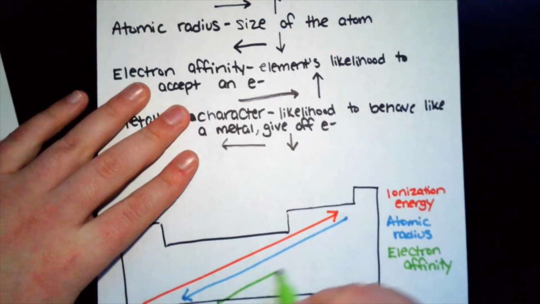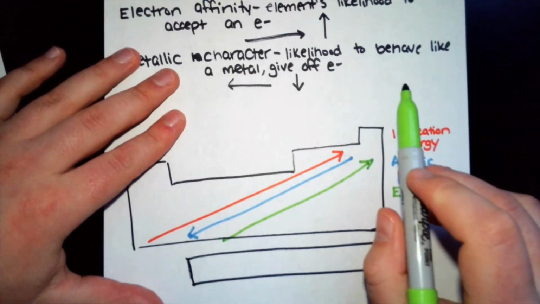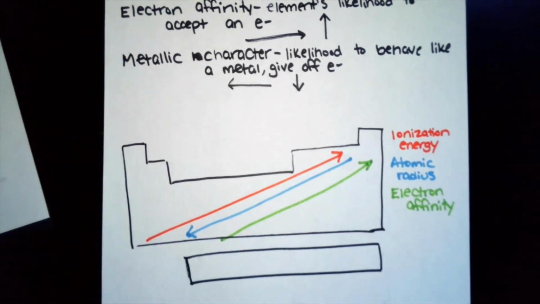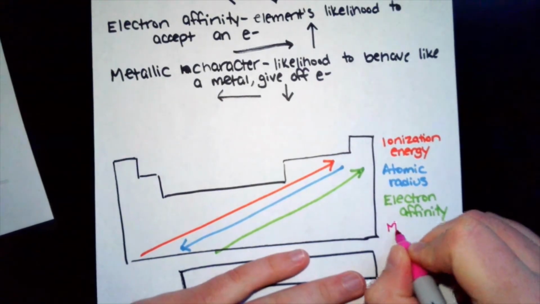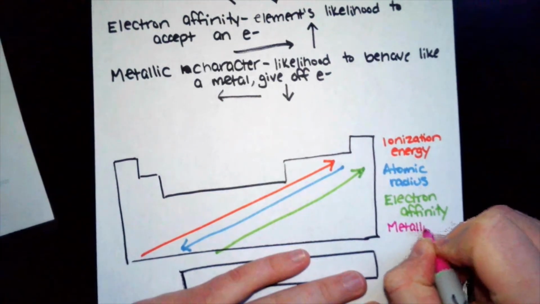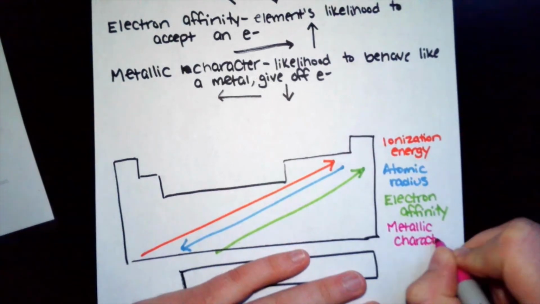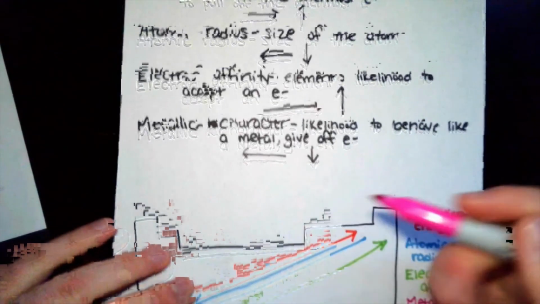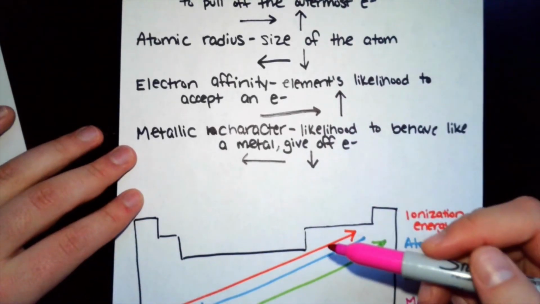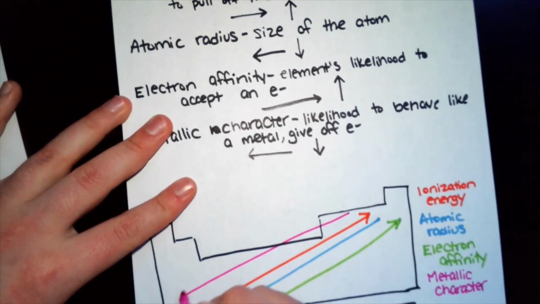So that arrow is going to be the same as the ionization energy one, increasing going to the right and up. And our last one, I'm going to do metallic character in pink. And remember, metallic character increases to the left and down, just like atomic radius. So that arrow is going to look just like the blue atomic radius arrow.